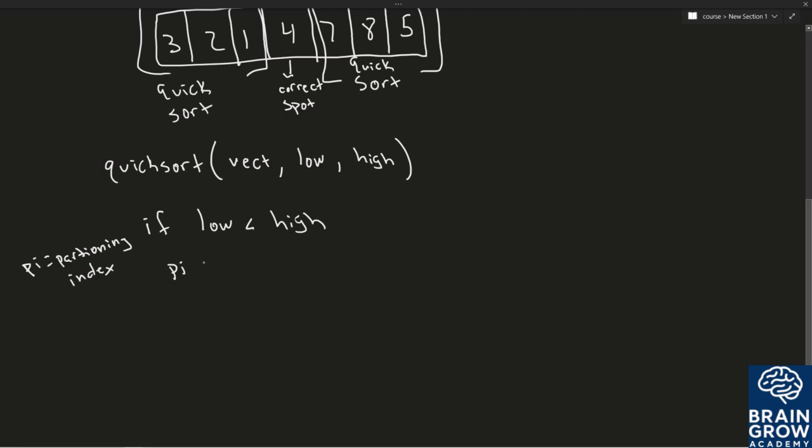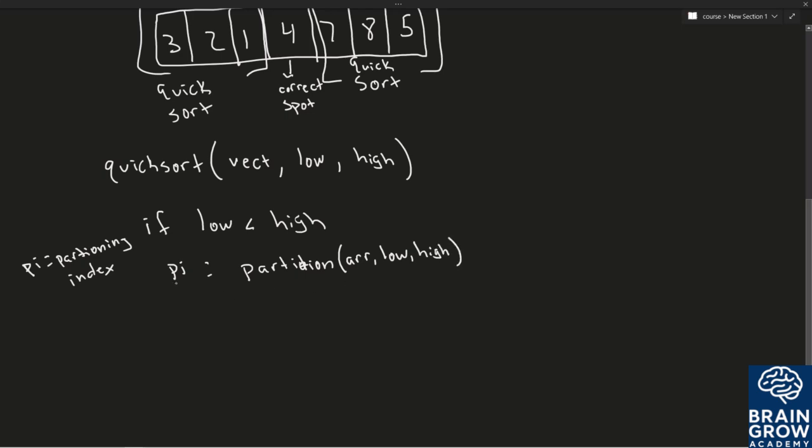So we want to do pi is equal to partition, and we want to pass in our array, our low, and our high.